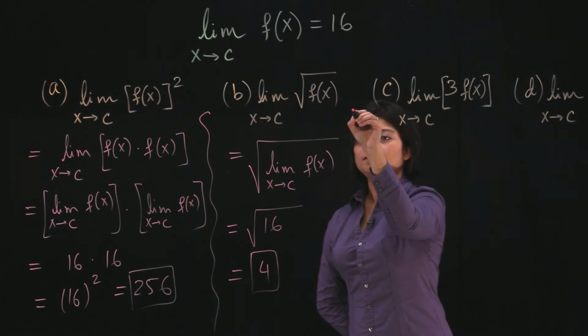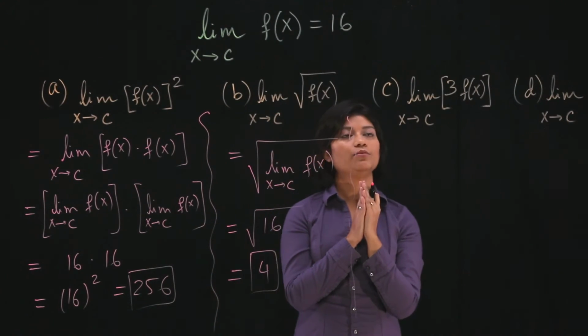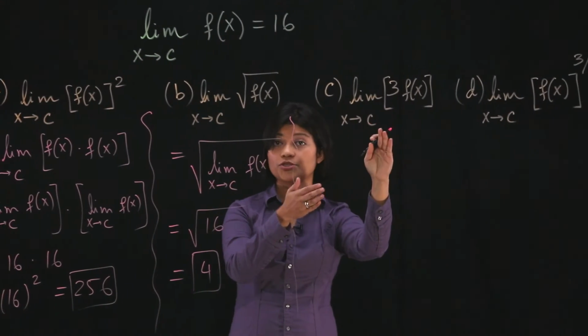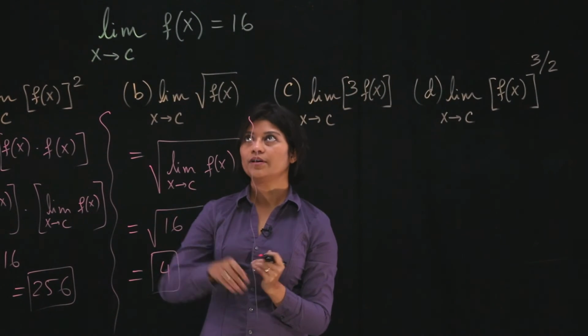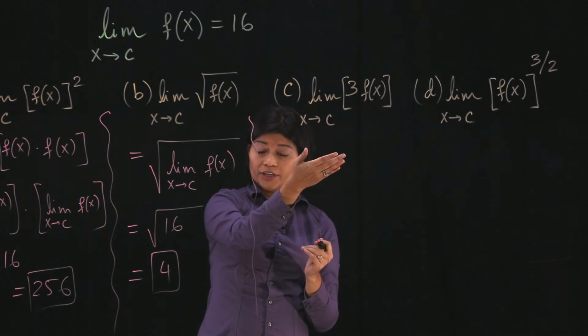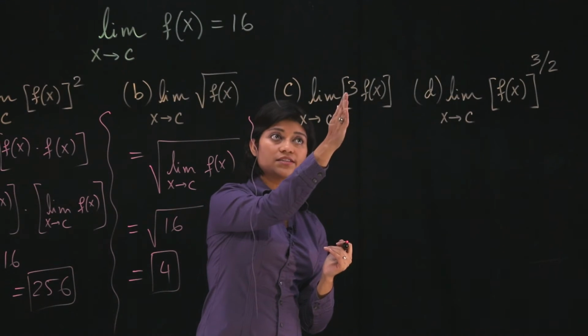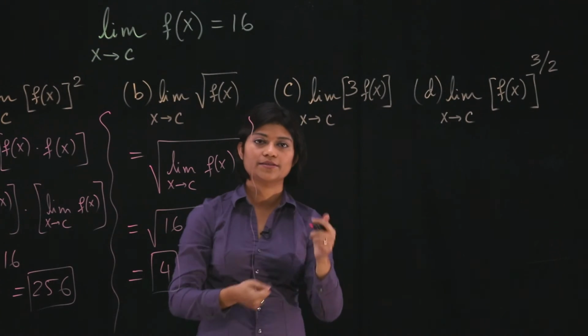Okay. Let's move on to part C. Now we have to evaluate the limit as x approaches the same c of 3 times the function. And the function is the same f. Another property of limits says when you have a constant times a function, you can pull the constant outside the limit.